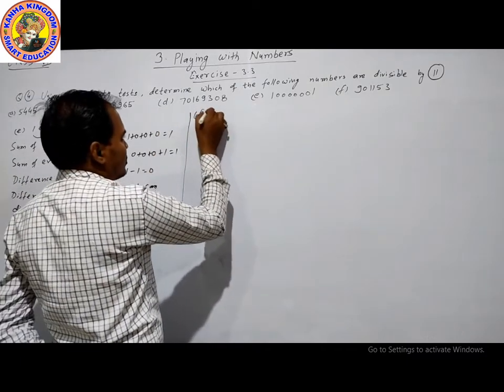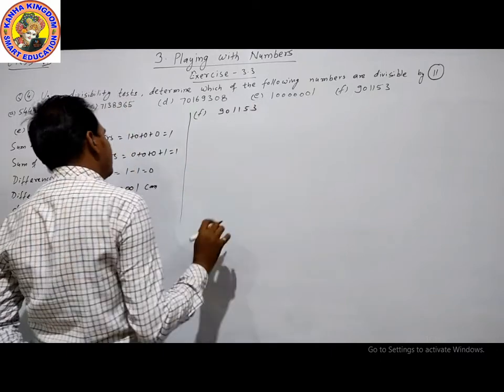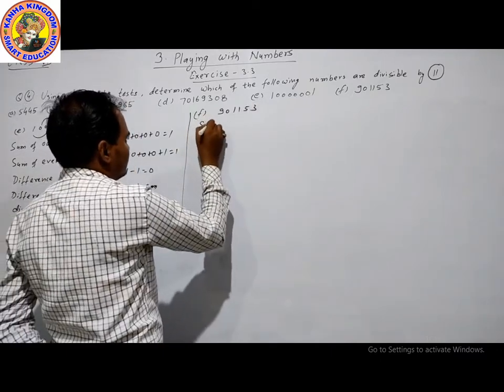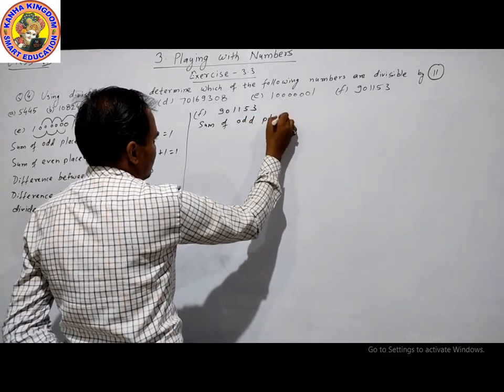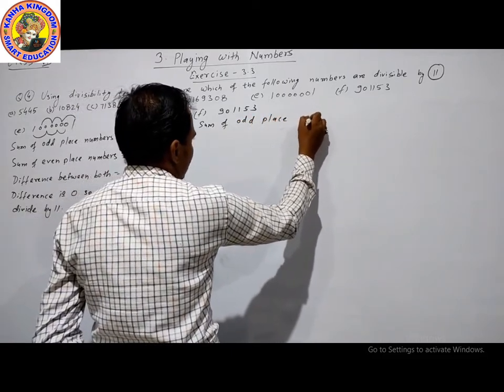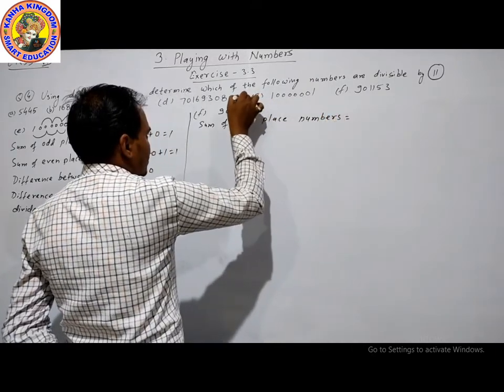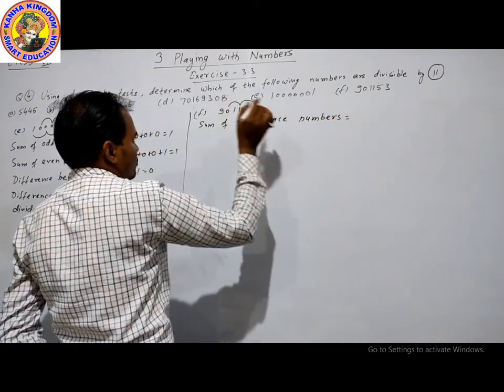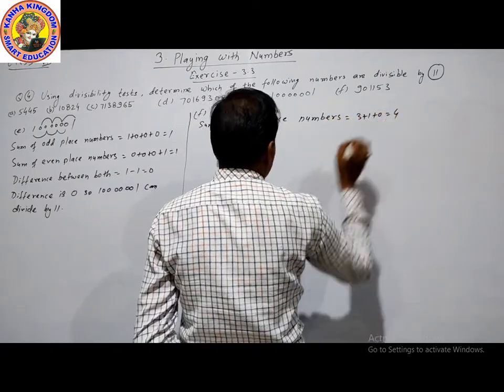Now taking next question, 901153. Sum of odd place numbers: 3, 1, 0. 3 plus 1 plus 0 is equal to 4.